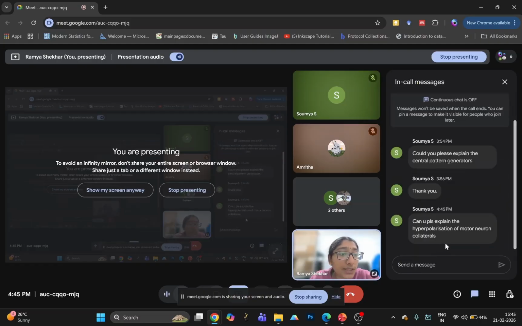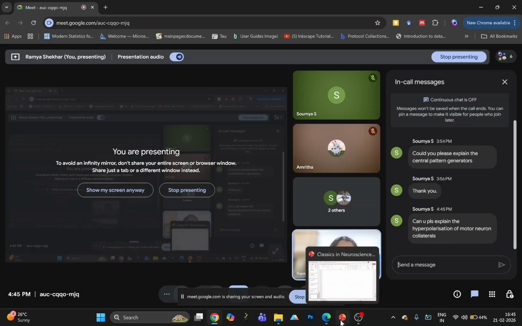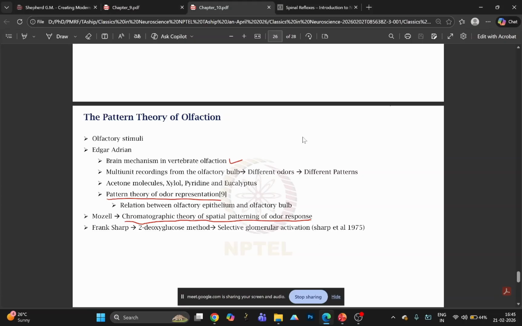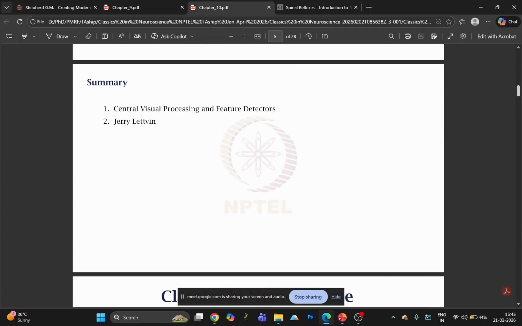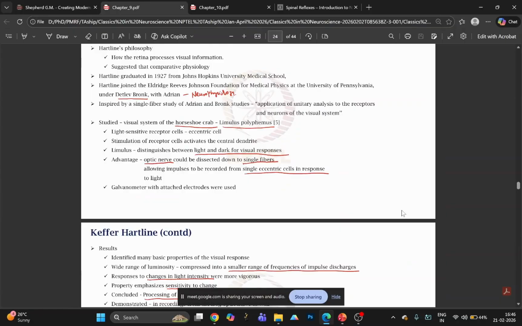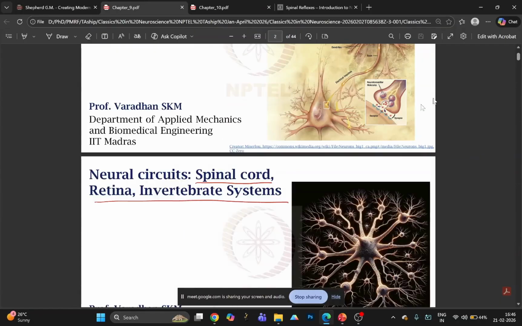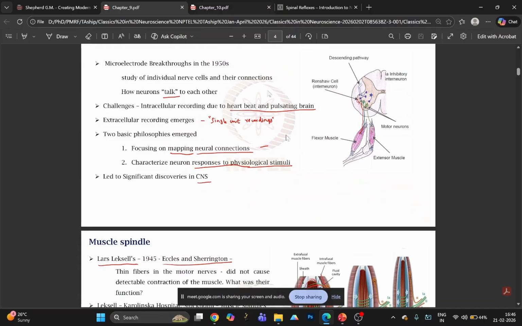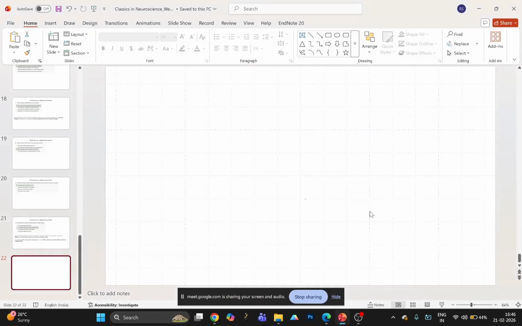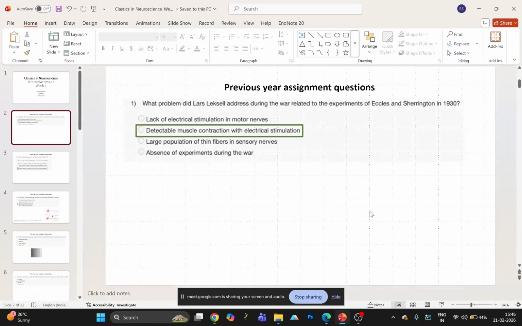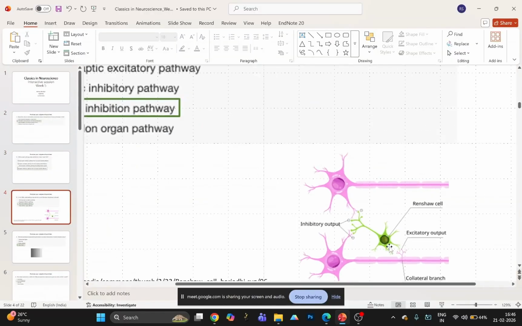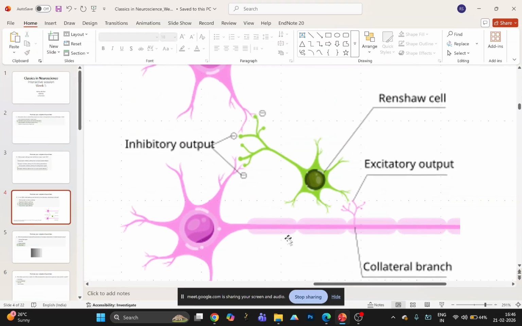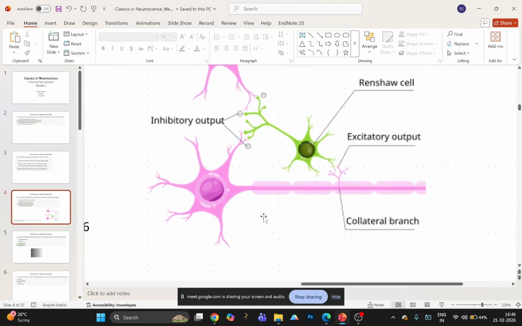Can you please explain the hyperpolarization of motor neuron collaterals? Okay. Let me go back to the. Yeah. See, now, two things that you need to understand.